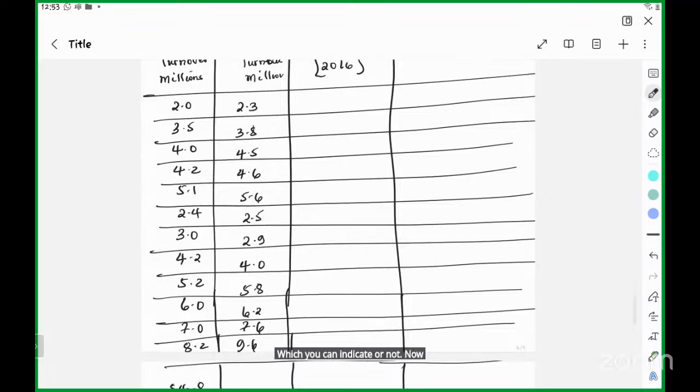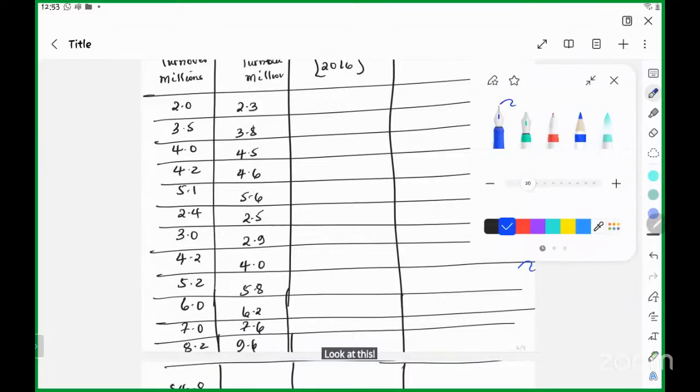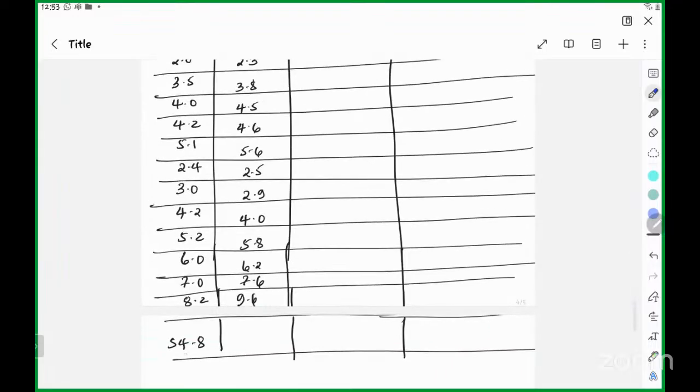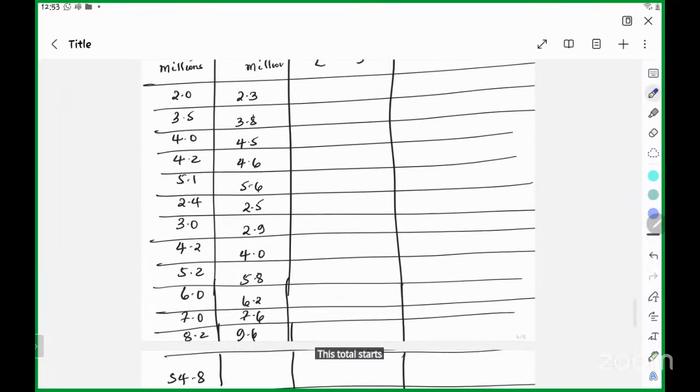Now, a moving total is more or less like a rolling value. Look at this. This total starts from 2 and ends at 8.2. They added 12. The next 12 they are going to add will start from what? This one ended here.